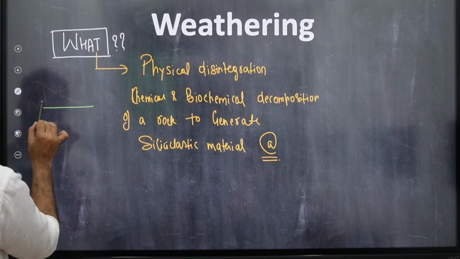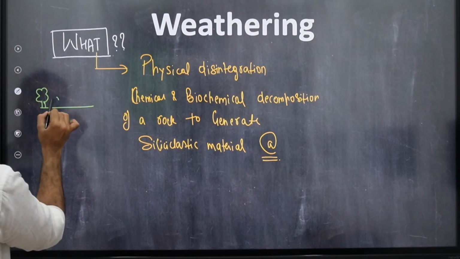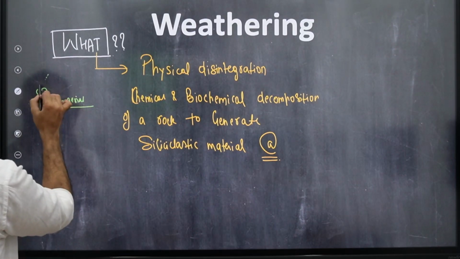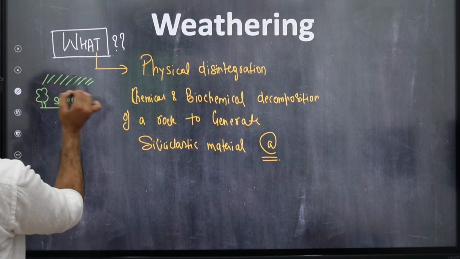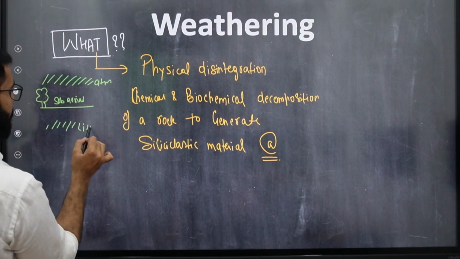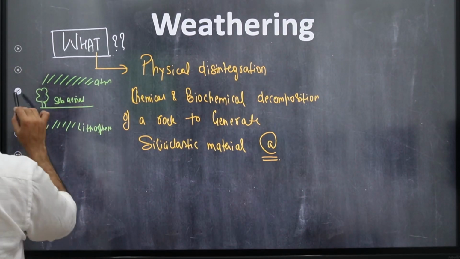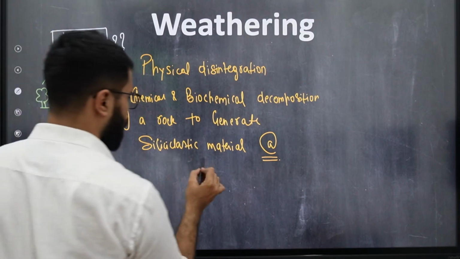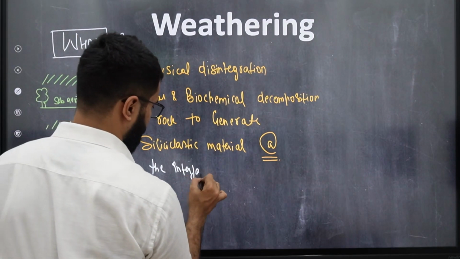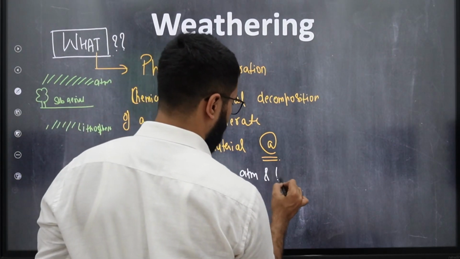See, if this is my surface, weathering is generally occurring sub-area, that is between these two layers, between atmosphere and lithosphere. So good authors always use the words at the interface between atmosphere and lithosphere.